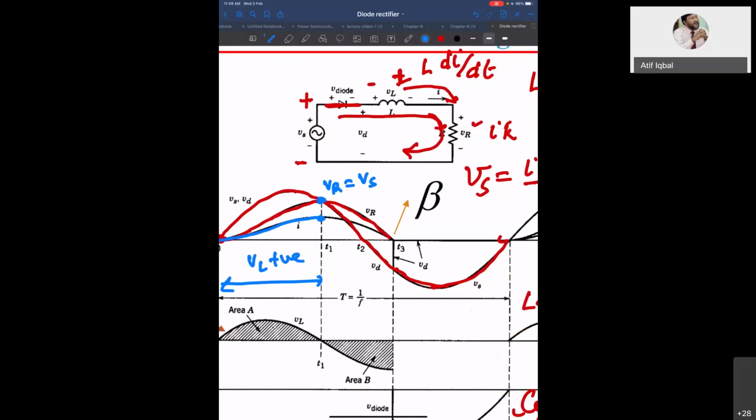But as soon as the source voltage drops below VR, the inductor voltage goes negative. Current falls.